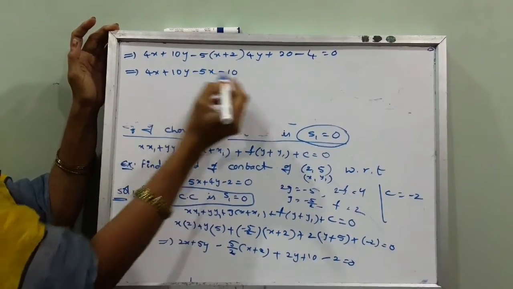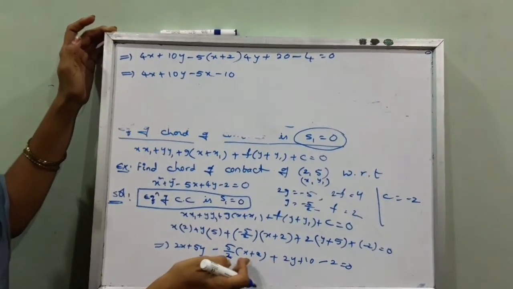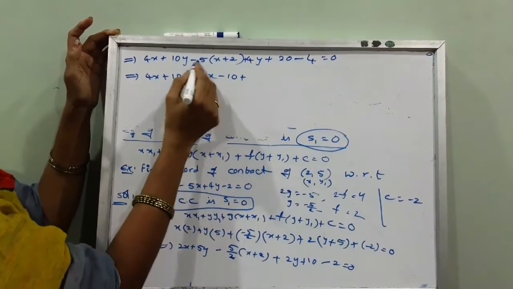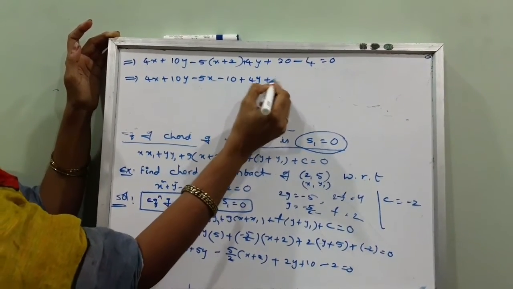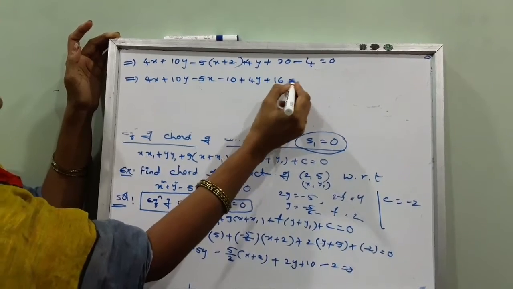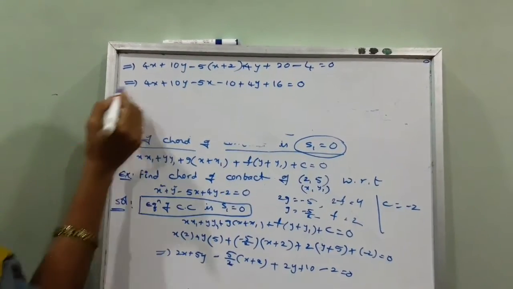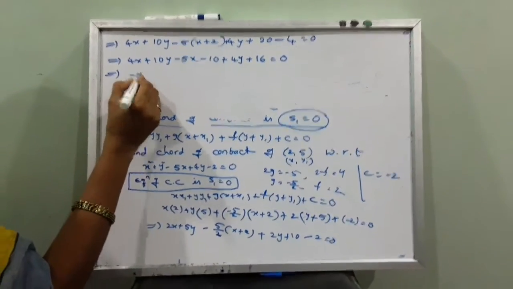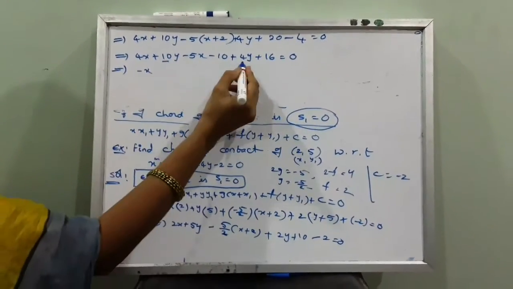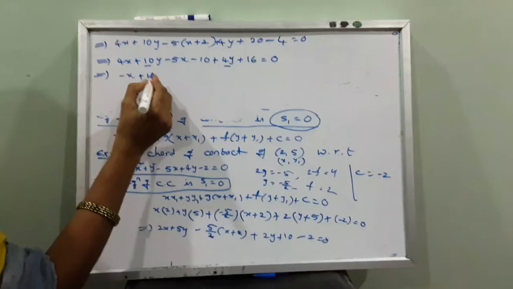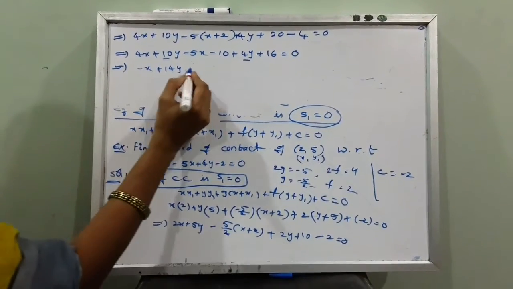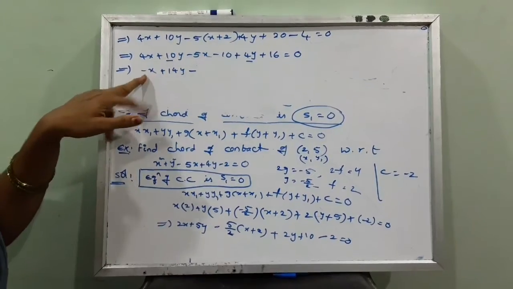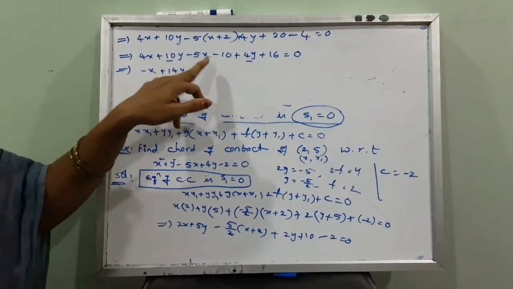Which implies 4x plus 10y minus 5x minus 10 plus 4y plus 20 minus 4, 16, is equal to 0. Which implies 4x minus 5x, minus x, 10y plus 4y, 14y.